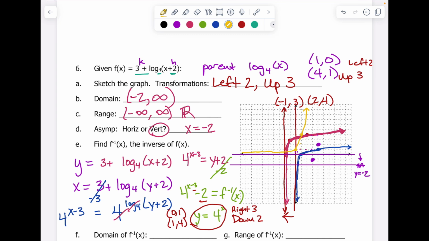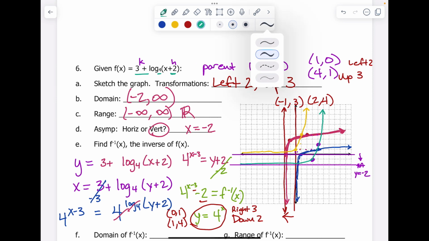And now we can graph this. I'll graph it in green. It will go way over here, and it will curve through these points and curve upward. Now remember, inverse functions should reflect over the line y equals x.